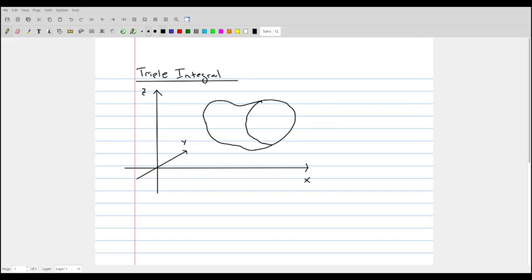But in general, we have some shape in 3D, and typically in my notes I'll call this omega. So I'll just use the Greek symbol capital omega to denote some three-dimensional domain.